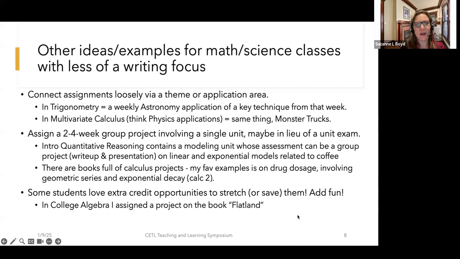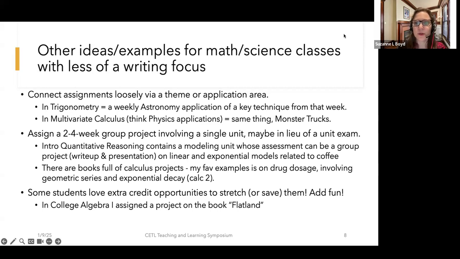And if that doesn't make sense, a different kind of approach would be one group project. So maybe if you usually teach a class that has modules every month or two or three modules, maybe one of them, the assessment, could be a project instead of an exam. So for example, in our intro quantitative reasoning course, there's a modeling unit, and it varies by semester, but that assessment can be a project, both write-up and presentation.